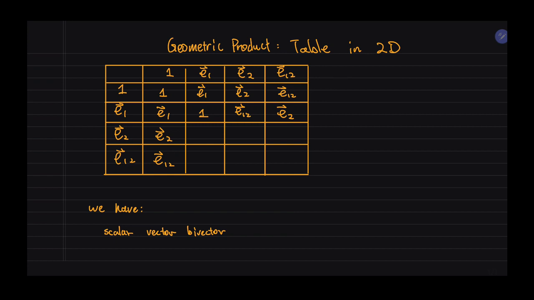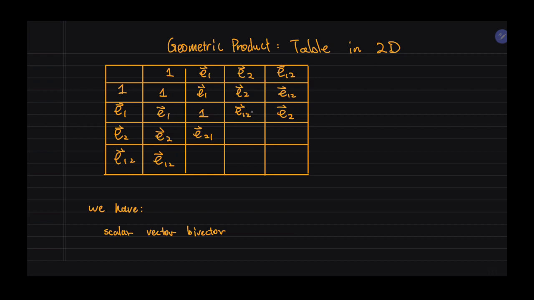And the geometric product from E2 to E1. So it will be E21.